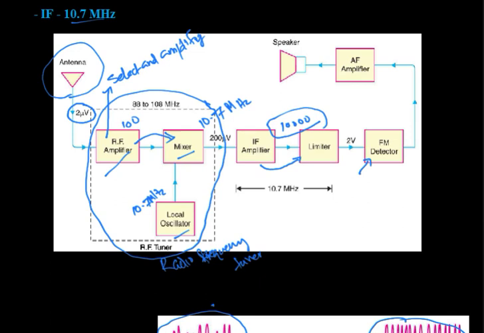But remember that here we have an FM detector which provides voltage corresponding to the frequency variations. This circuit is sometimes otherwise called the discriminator.